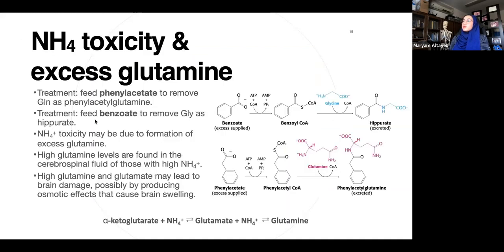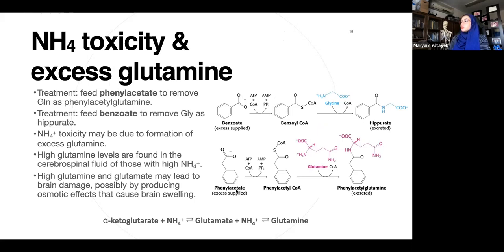Okay, so now we're going to move on to talking a bit more about why you have ammonia toxicity. And we keep saying there are high glutamine levels there. What does that mean? There are two types of treatments that can minimize the toxicity of excess glutamine, which can have effects on the body.